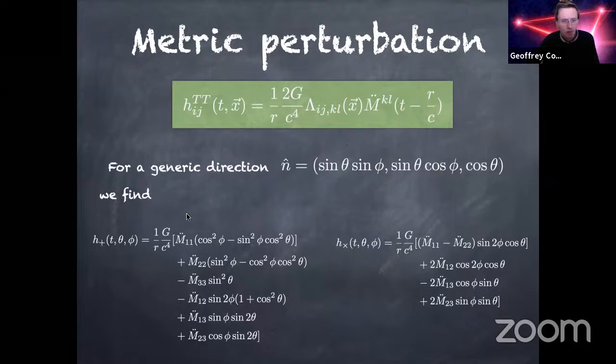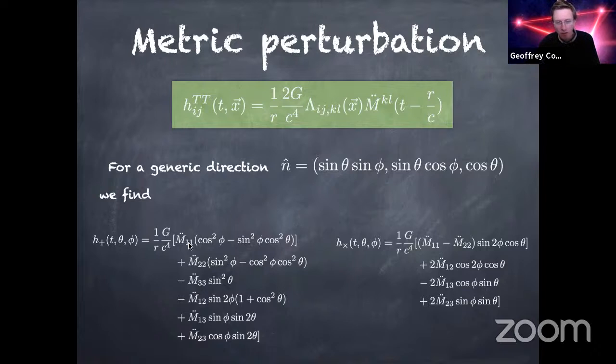Now we have to make that multiplication, and I don't want to spend any time on this. This is just some trigonometric functions, so you can work it out. You just plug in the definition of the projection tensor and of the normal. It's a bunch of trigonometric functions times the M, and there are two polarizations here. If you compute the polarizations in terms of these quantities, you find this result.